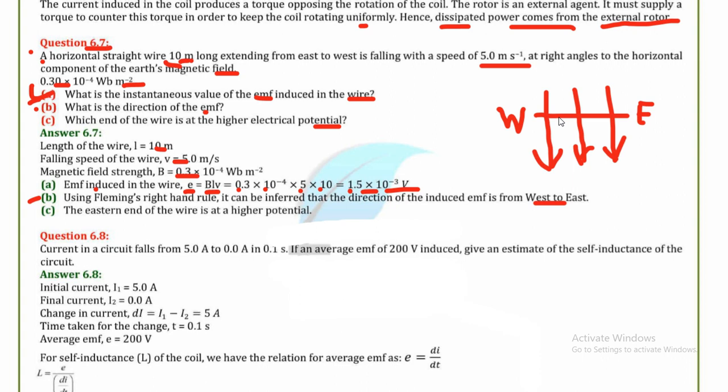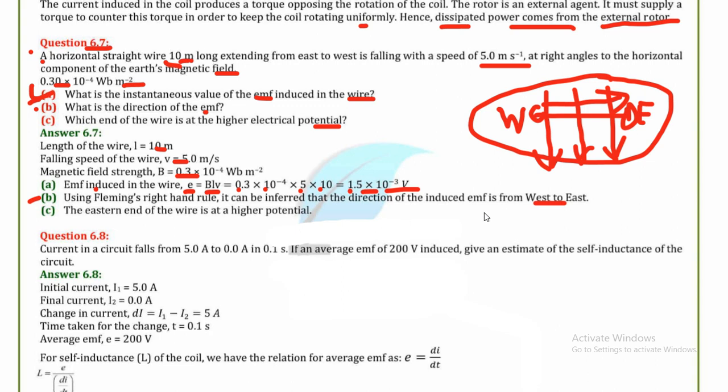You can see the negative charge is accumulated at this end, that is the end toward the east, and the positive charge is accumulated toward the west. So the direction of this potential difference is from west to east. We have already discussed this law, and how you can find out the direction in the same derivation. First you can use Fleming's left hand rule, and then you can use the right hand rule. You can use any one according to your choice to find out the direction of the induced EMF in this circuit.